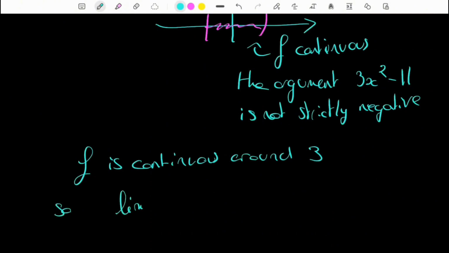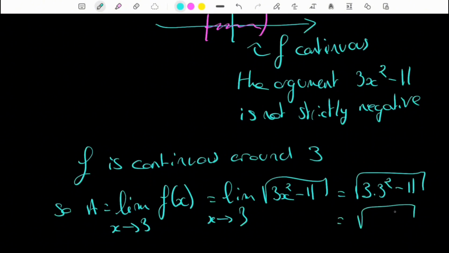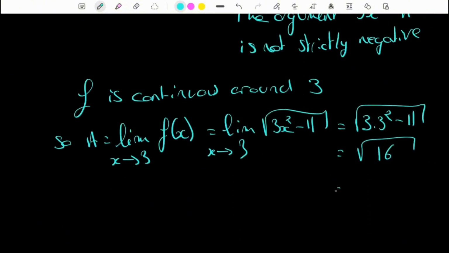So a, equal to the limit when x tends to 3 of f of x, is equal to the limit when x tends to 3 of square root of 3x squared minus 11, which is equal to square root of 3 times 3 squared minus 11, equal to square root of 16, equal to 4.